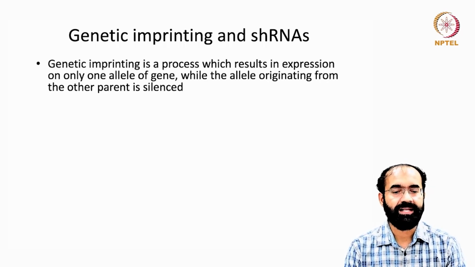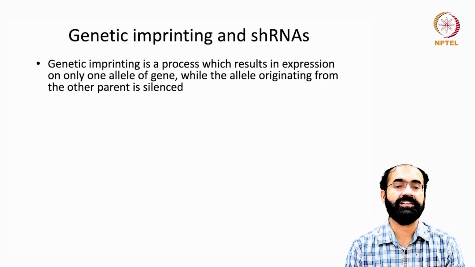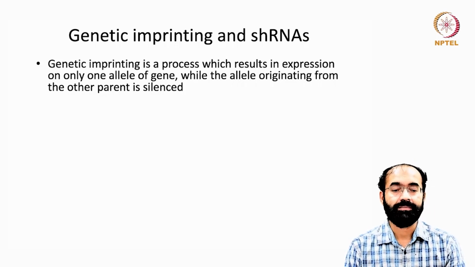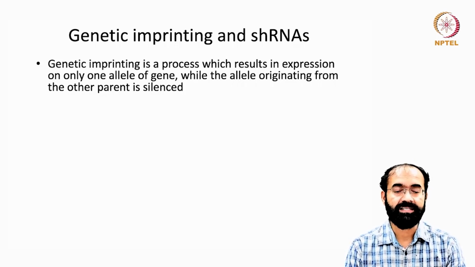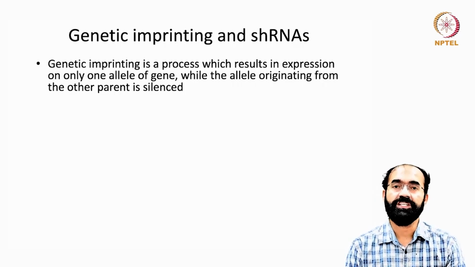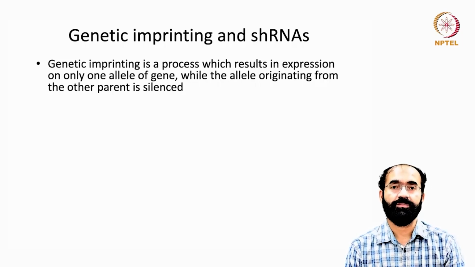Genetic imprinting is a process which results in the expression of only one allele of a gene, and that is called monoallelic gene expression, while the allele originating from the other parent is silenced. We have to understand you have two copies of each gene and we call them alleles. Say gene A, you have two copies of it. One came from father, one came from mother.